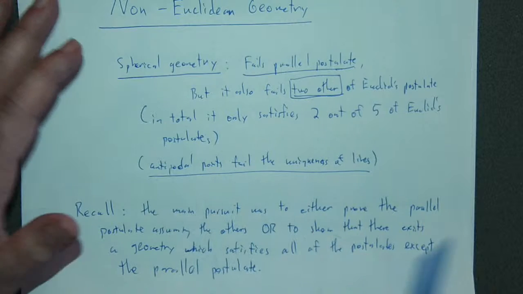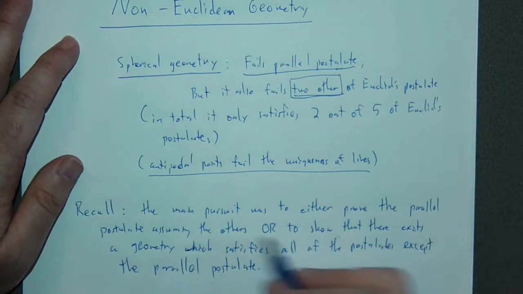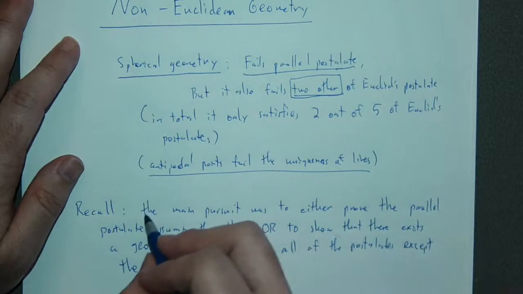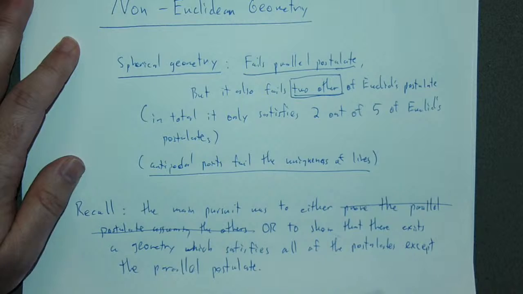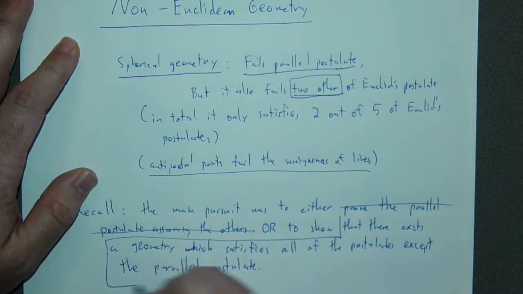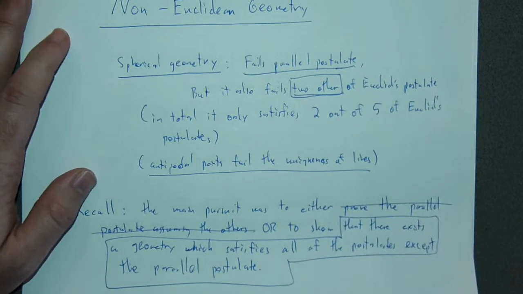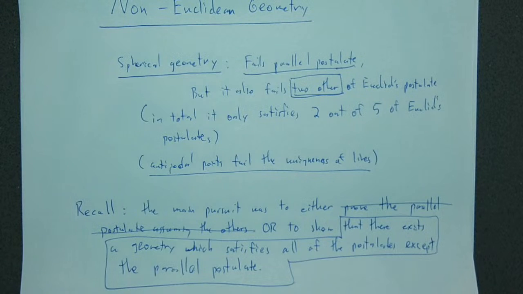So spherical geometry can't be used as this example. So of course it's going to be shown by us that proving the parallel postulate is not going to be possible, and so what occurs is that there does in fact exist a geometry which satisfies all of the postulates except the parallel postulate.